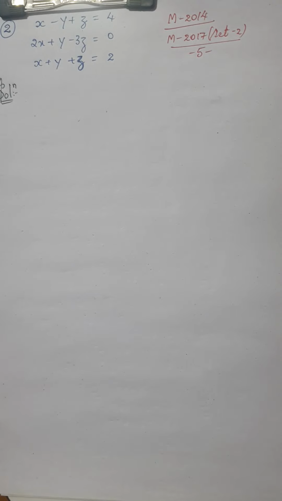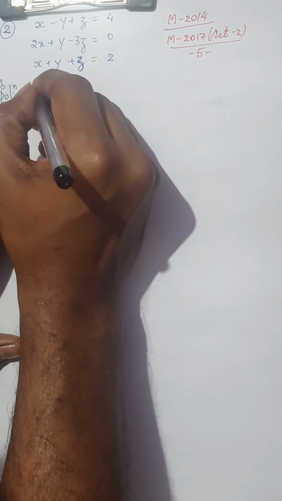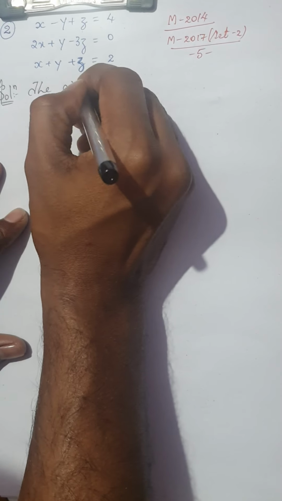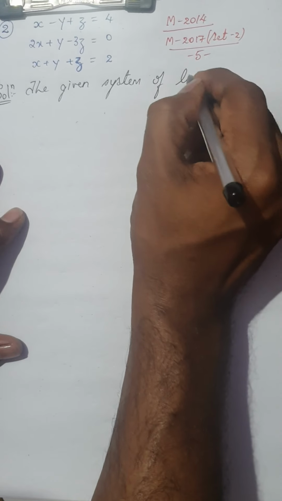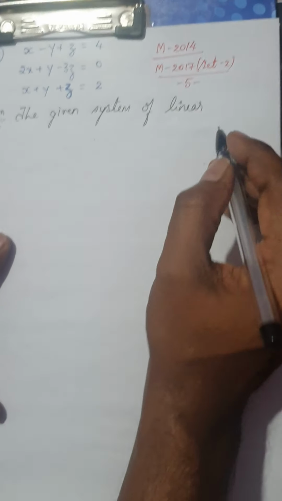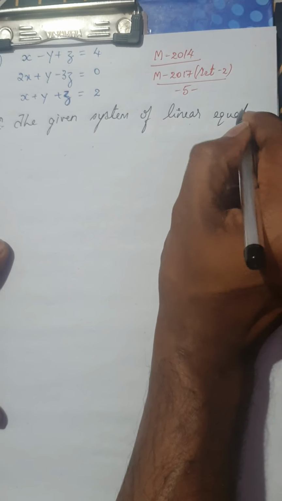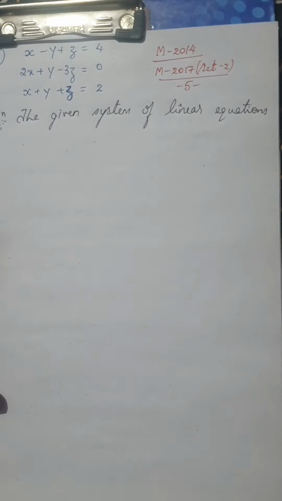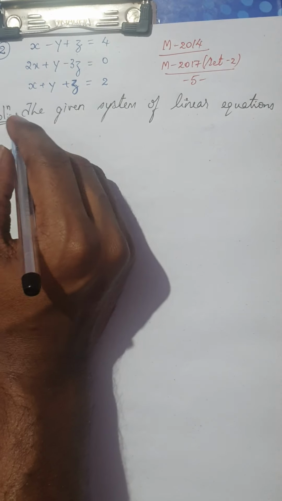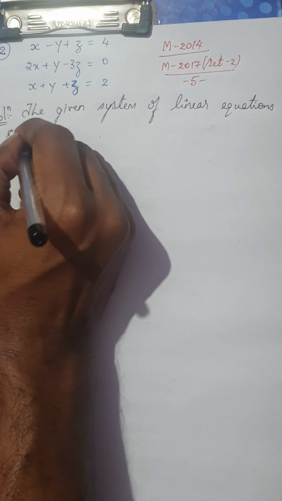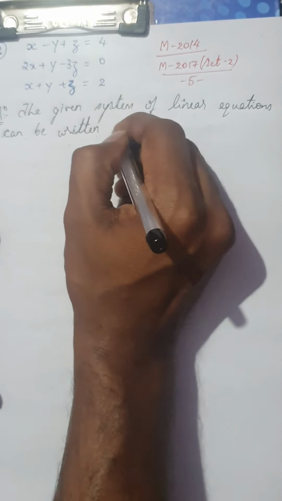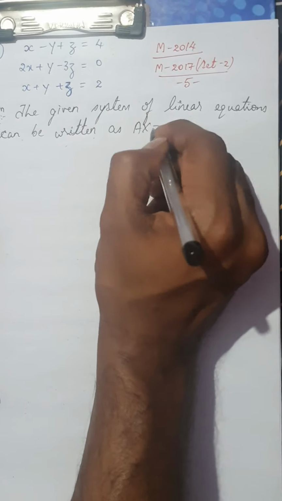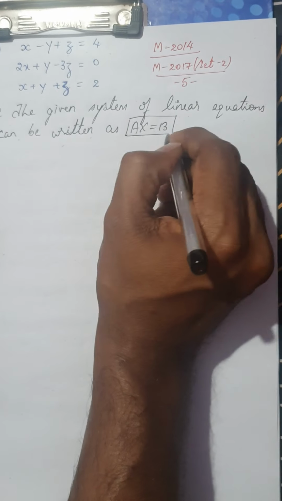Okay then, we start this way. The given system of linear equations can be written as A into X is equal to B, isn't it? Where, what is A?